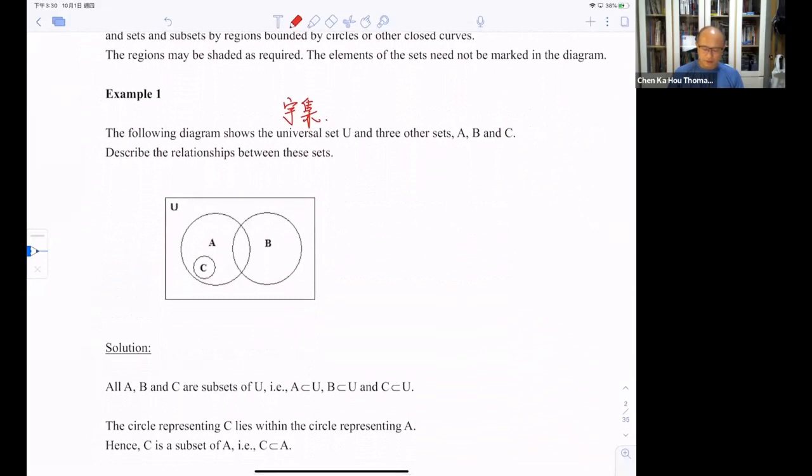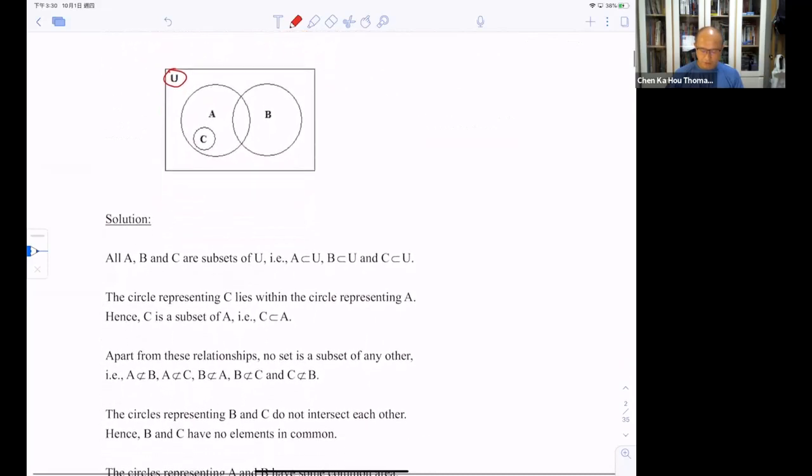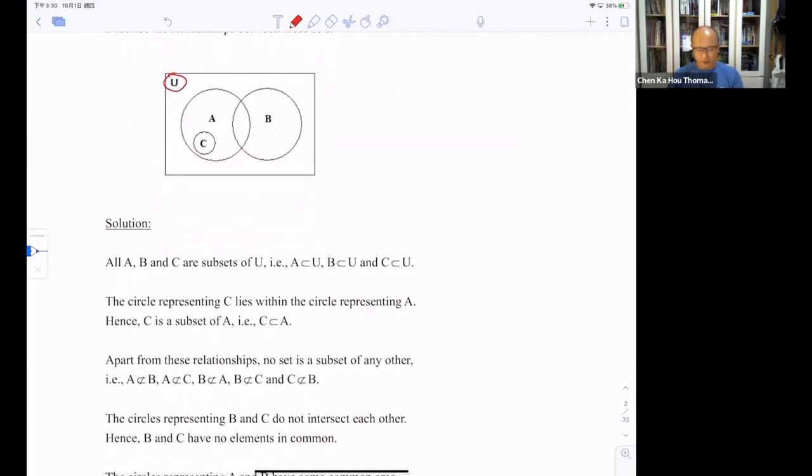This is a typical Venn diagram. The rectangle represents the universal set, and we draw circles to represent different sets in the universal set. From this diagram, U is the biggest.